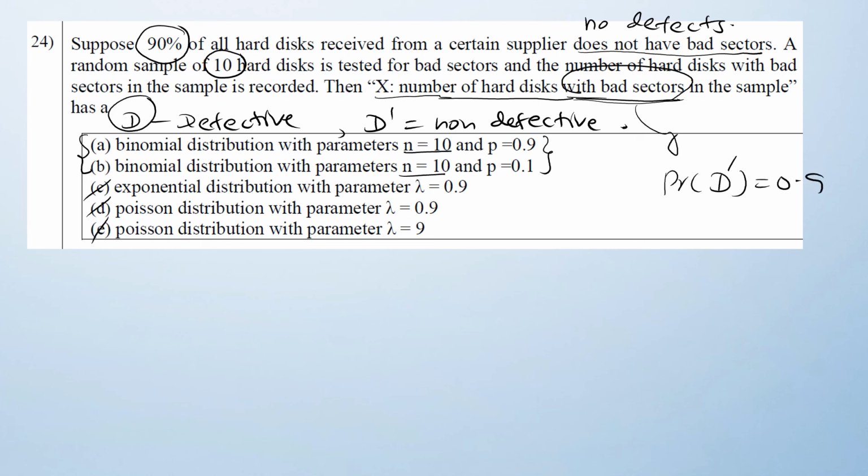If so, the required probability of being defective will be 1 minus 0.9, equal to 0.1. So this will be the success probability. The success probability varies from question to question. It will highly depend upon the random variable that you define. So the answer is B only.